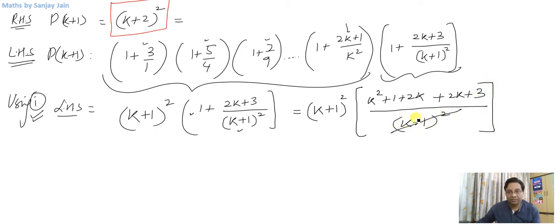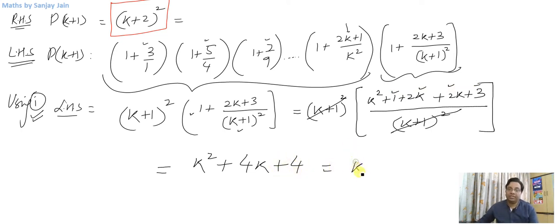Now see, this will be cancelled, and in the numerator I am left with k squared, then 2k plus 2k, 4k, 1 plus 3, 4. So this is what I am left with, which is nothing but k plus 2 whole square. This is the right hand side of P of k plus 1.